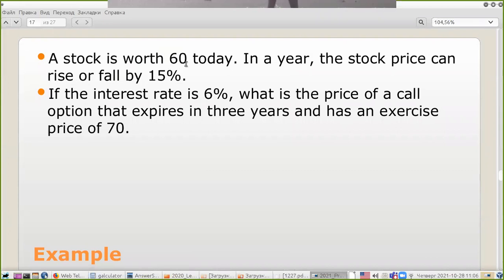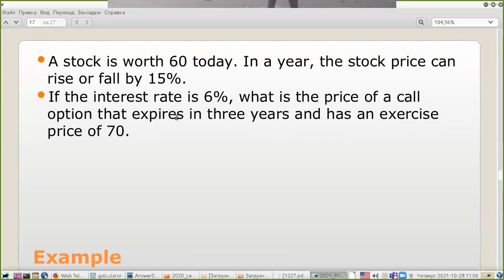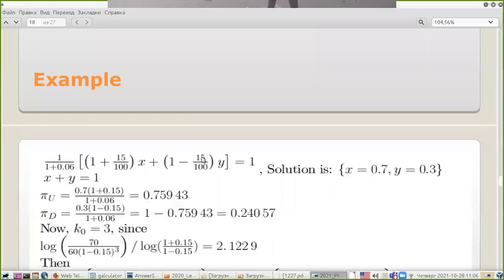S0 is 60. From this, we can find U and D. U will be 1.15, and D will be 0.85. Interest rate 6%, strike price 17, and time to maturity 3 years.